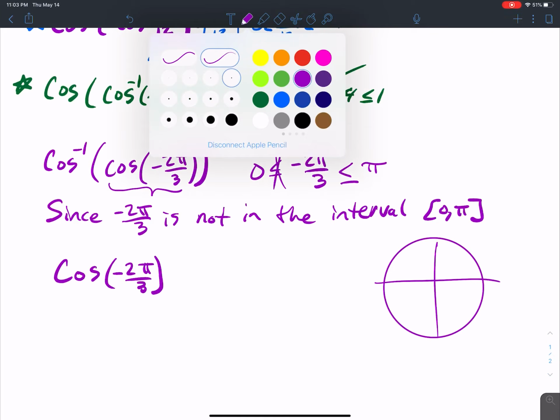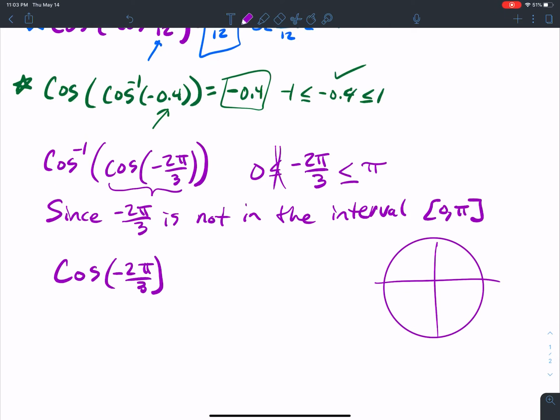Okay, 2 pi over 3. If I go out theta this way, it's kind of like this right here. So if this is theta equals 2 pi over 3, you've got your x, y here. Now, what I did was -2 pi over 3. So instead of going counterclockwise, I'm going to go in the clockwise direction just like this. So this is -2 pi over 3 here.